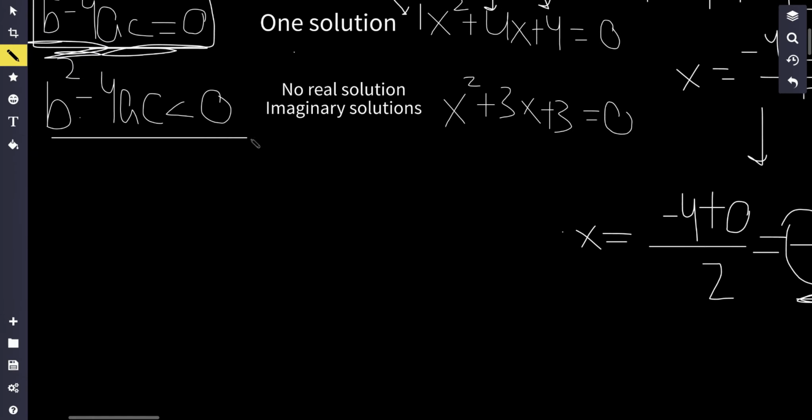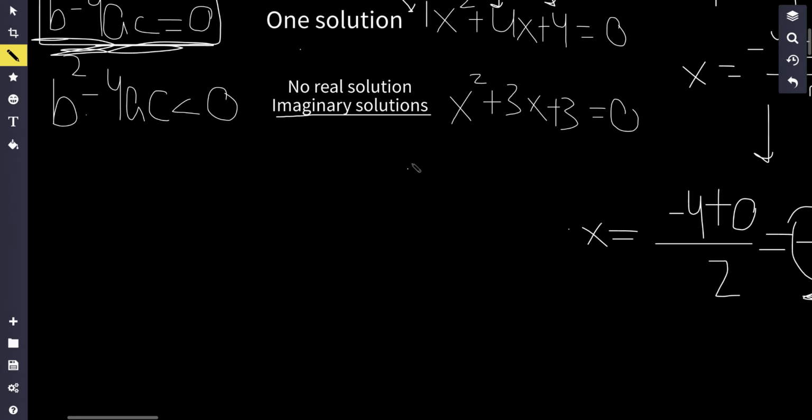Finally, if our discriminant is less than 0, aka it's a negative number, like negative 1, negative 2, etc., then we're going to have no real solutions. We're going to have something known as imaginary solutions. So let's take a look at an example. In this case, my a term is 1, my b term is 3, and my c term is equal to 3 as well.